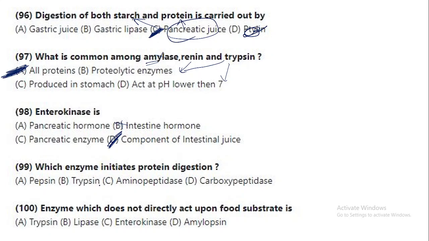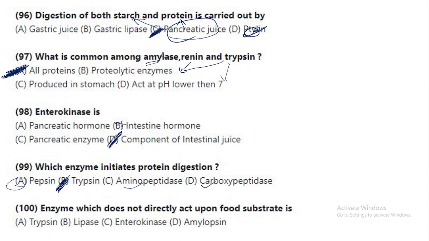I told you it is trypsin. Pepsin does it exclusively in the stomach, but for the digestion involving aminopeptidase and carboxypeptidase, we need trypsin. So the right option is trypsin.